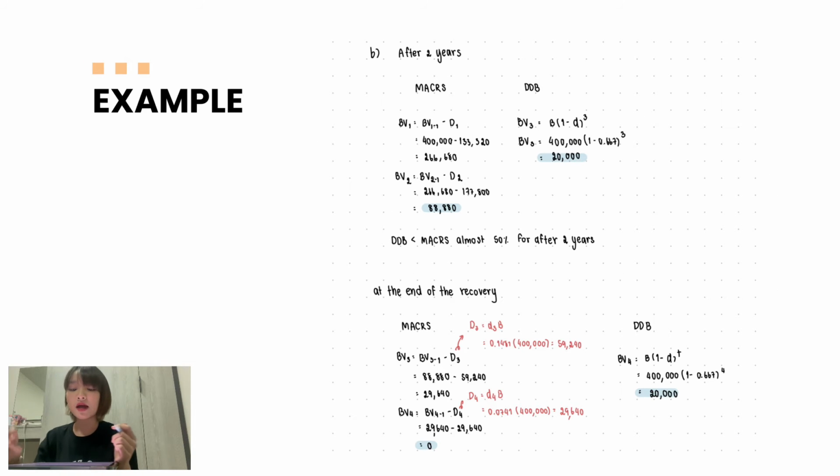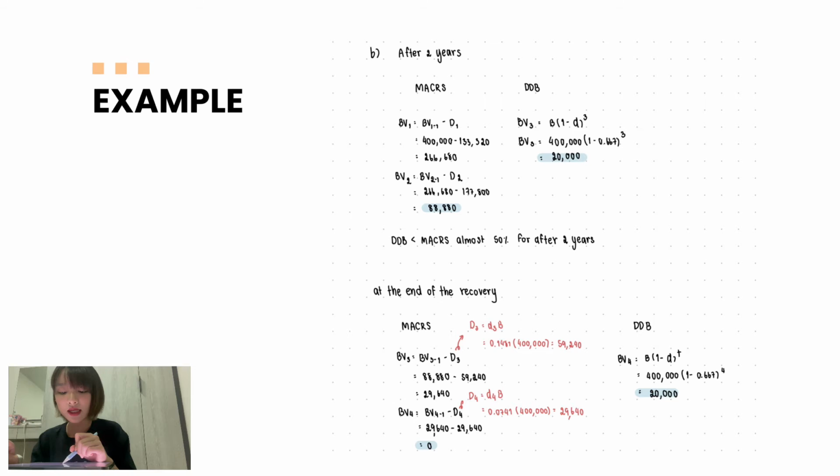In part B, after 2 years, we calculate the MACRS book value. From this equation, book value in year 1 and book value in year 2, it gives 88,800. And for DDB, we calculate after year 2, so it gives 20,000.